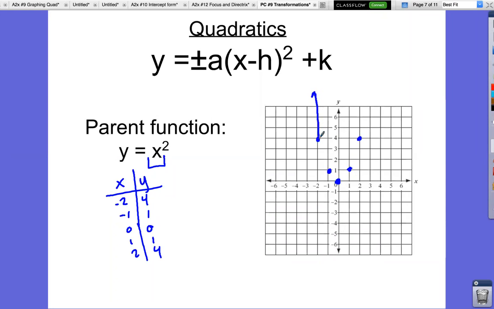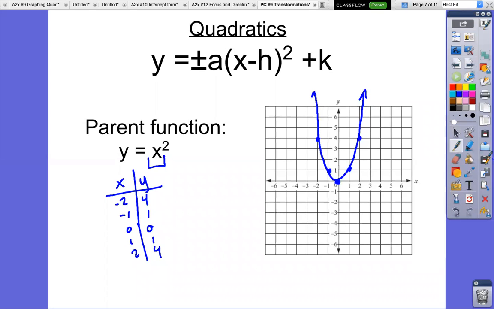And this makes a shape called, does anybody remember what that shape is called? A parabola. Perfect. We don't get too far into this semester because we're really going to study parabolas at the beginning of trig next semester. So that's what it looks like.